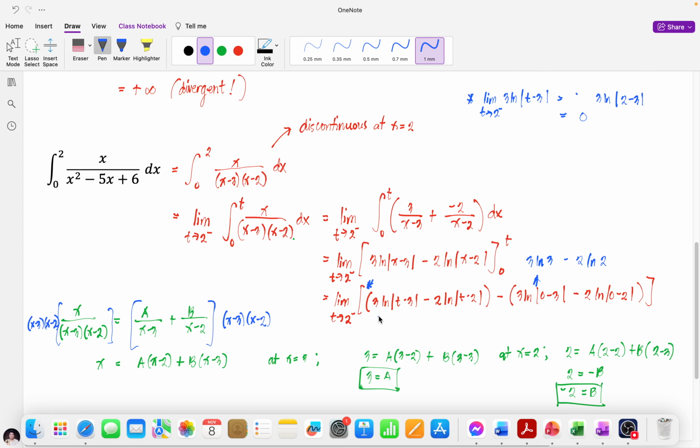Okay, so this is just 0, while this is the limit of 2 ln of absolute value of t minus 2 as t approaches 2 from the left.